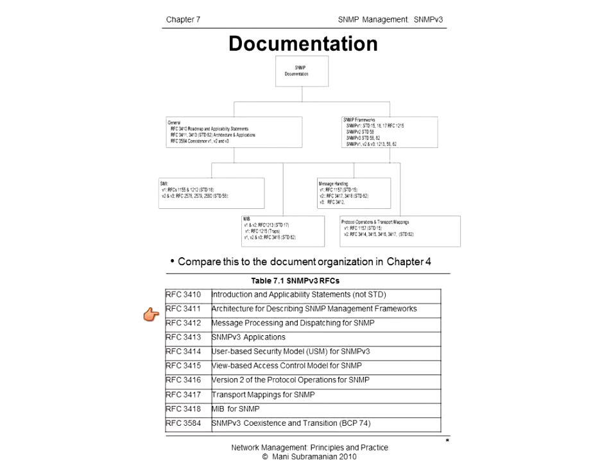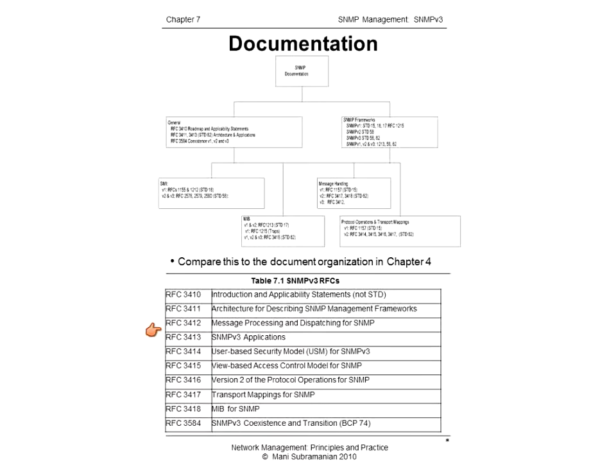Then we have RFC 3411. It presents an overview of SNMP v3. It defines vocabulary for describing SNMP management frameworks and an architecture for describing the major portions of the SNMP management framework.